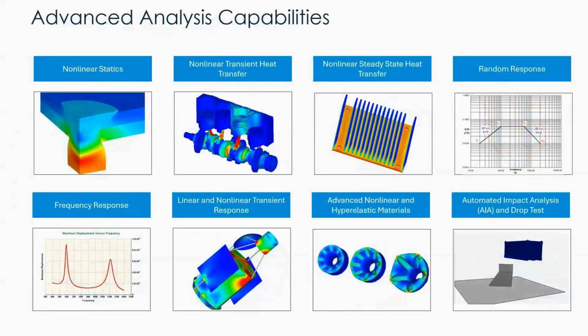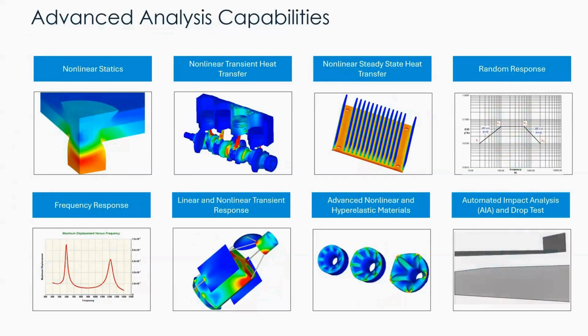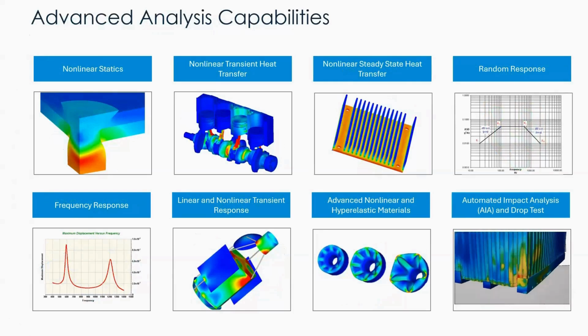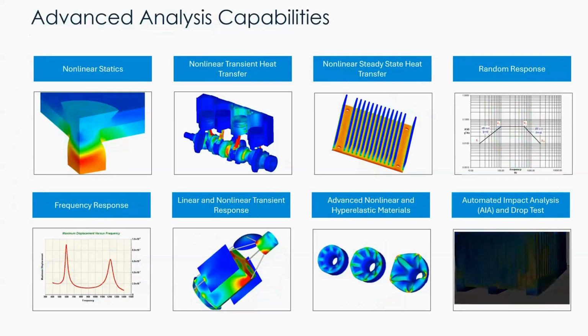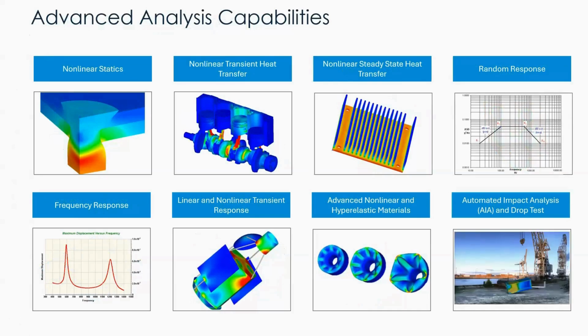You can also see the advanced analysis capabilities included in Inventor Nastran, like non-linear static stress and non-linear steady state heat transfer, linear and non-linear transient response, and random response, which means analysis of the structure's behavior in response to random dynamic loads.